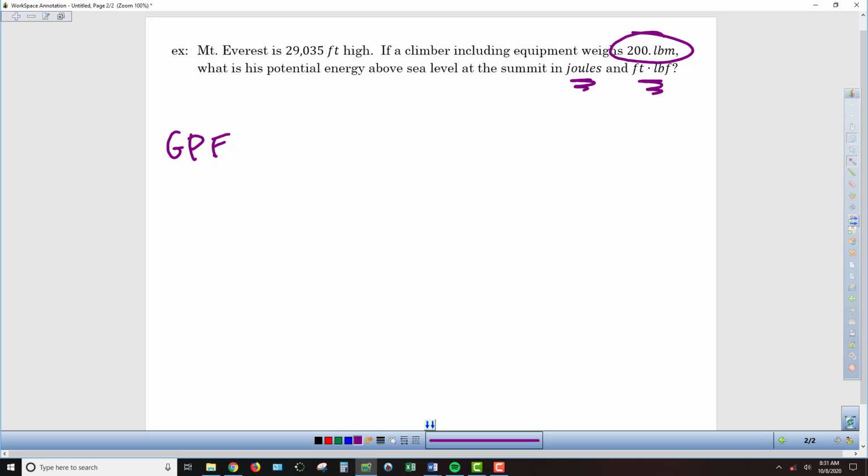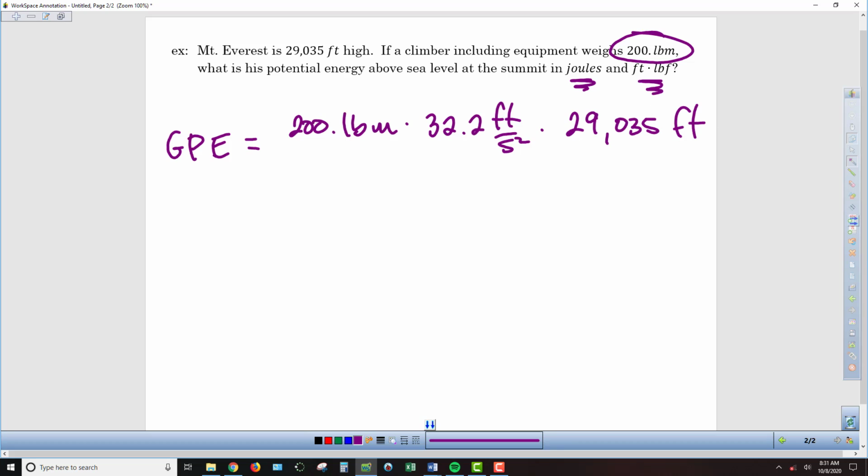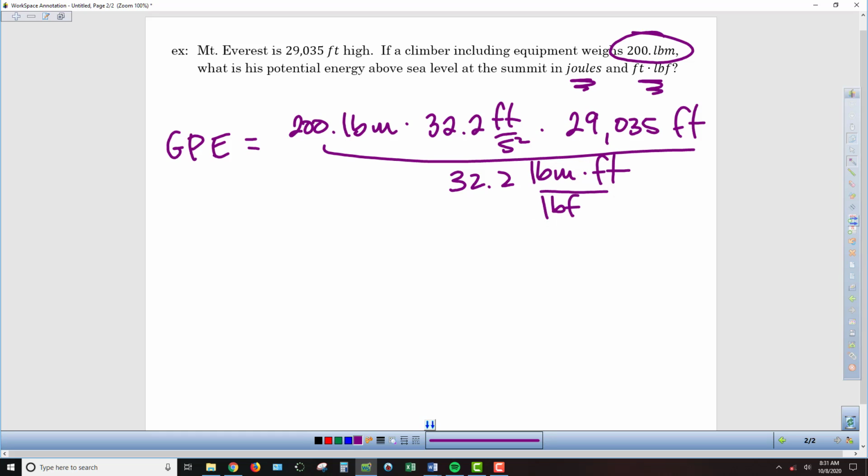So we've got our GPE is going to equal the mass, so that's 200 pound mass times the acceleration due to gravity times the height, 29,035 feet, and then of course divided by our 32.2 pound mass feet over pound force second squared.